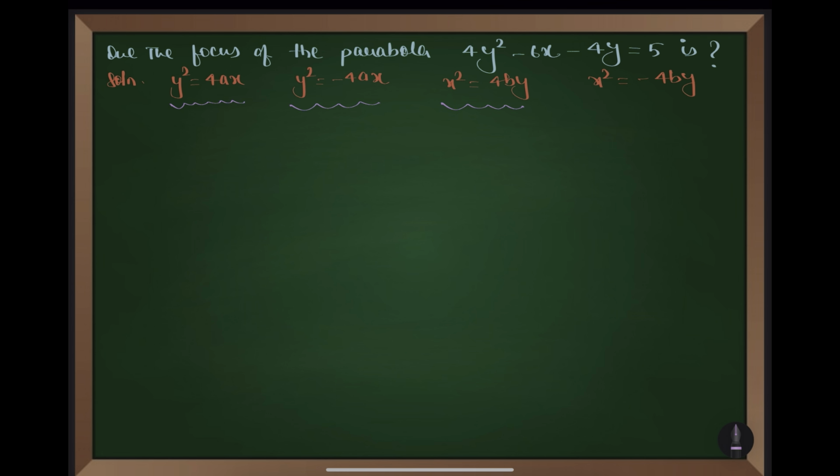Right now I am getting the intuition that we have y square, so hopefully the question will fall in either the first category or the second category. So how should we approach? First, keep this in your mind: convert the question into one of the forms.